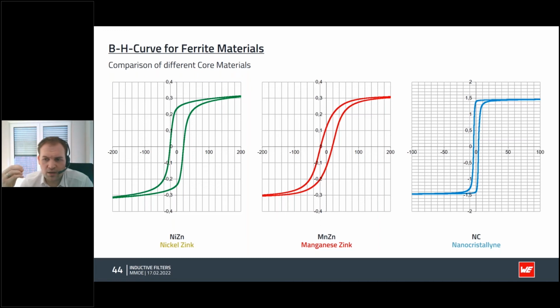So we can achieve inductors or common mode chokes with a very, very high impedance. But also you can see that the saturation point will set in very, very early. So you will get an inductor with a very high inductance and a very high impedance, but this inductor will also saturate very quickly. So it is only suitable for very small signals, as we will see later.